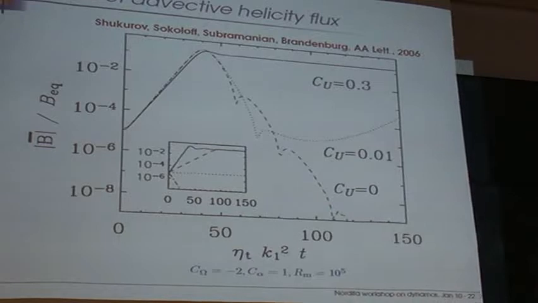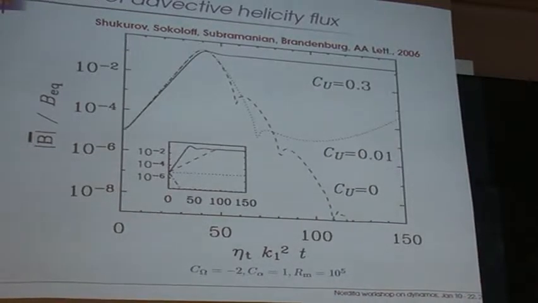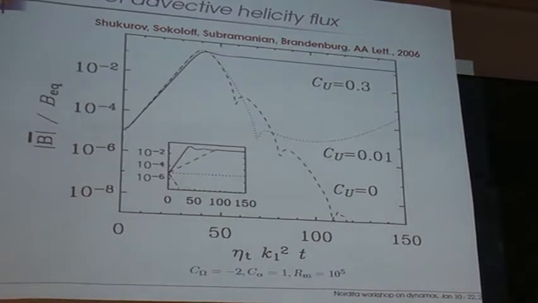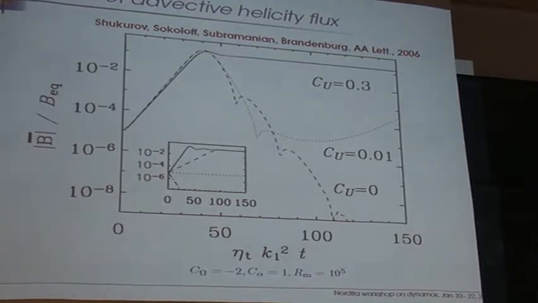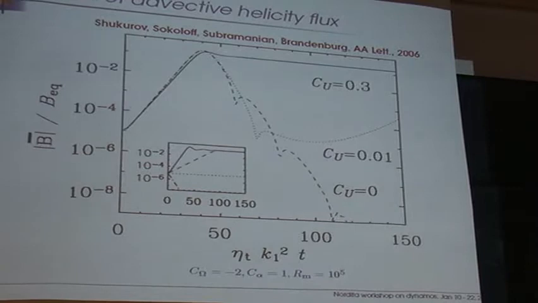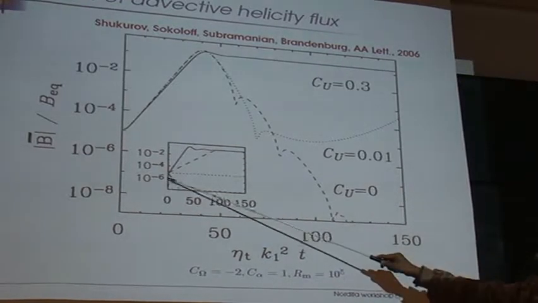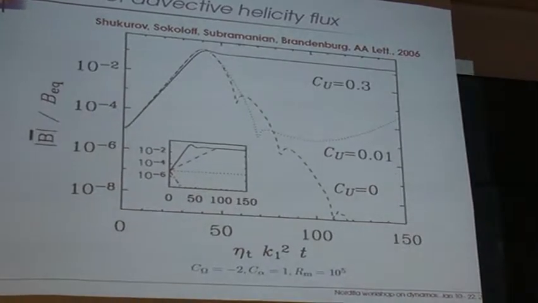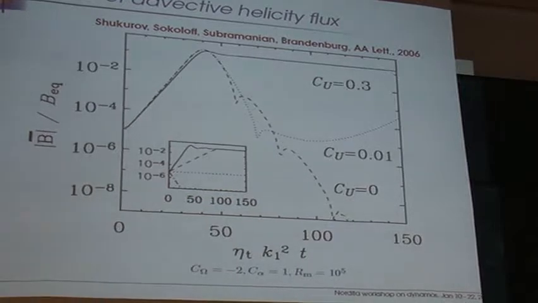But if you put too much advective flux, because this advective velocity is there in the mean field equation itself, you will throw out the baby with the bath water. You want to only throw out the dirty water, but you may throw out everything, because you will throw out the mean field itself, which is bad for the mean field dynamo. So what is shown in the insert is that as you increase the advection, you will just decay the whole thing. The mean field fluctuates, everything goes out of the system before the dynamo can amplify it.